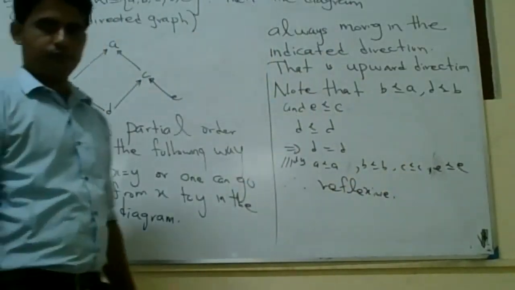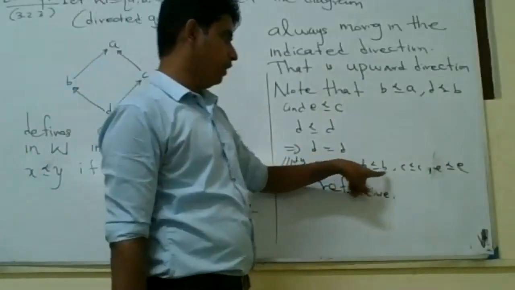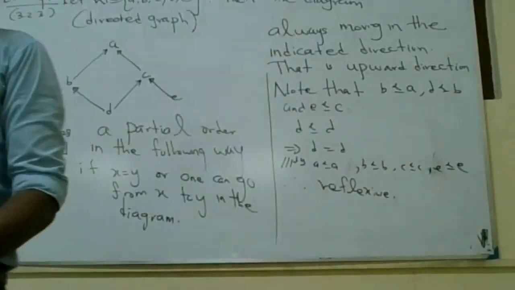Therefore reflexive holds: A precedes A, B precedes B, C precedes C, E precedes E, as given in the definition.